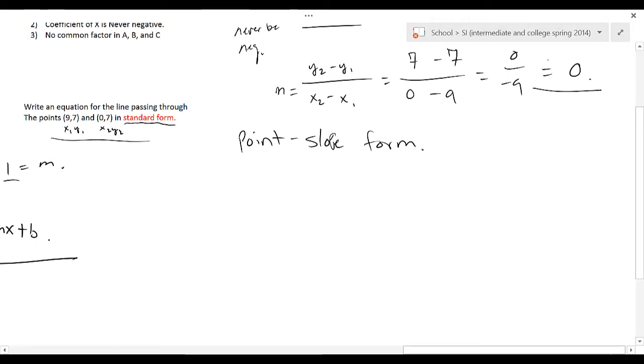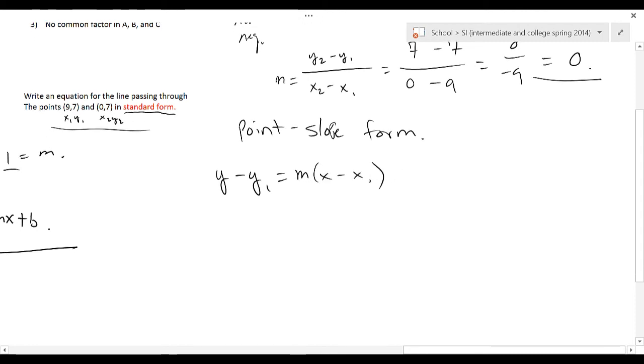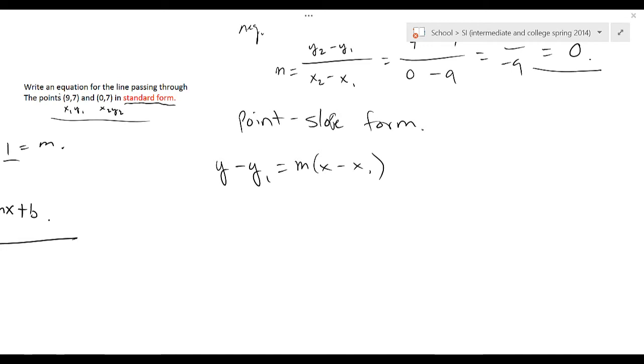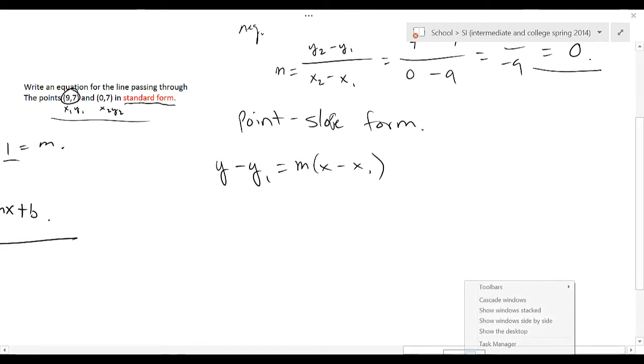So I'm going to use, y minus y1 equals m times x minus x1. So I'm going to go ahead and use these points now. No, I'm lying. Let's use these points. This is way easier.